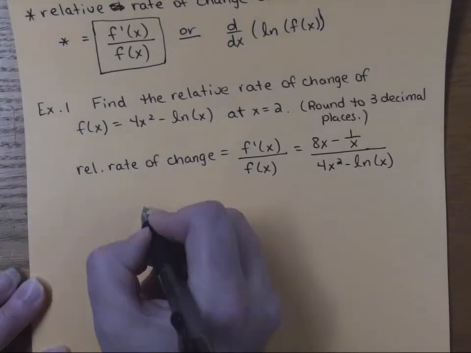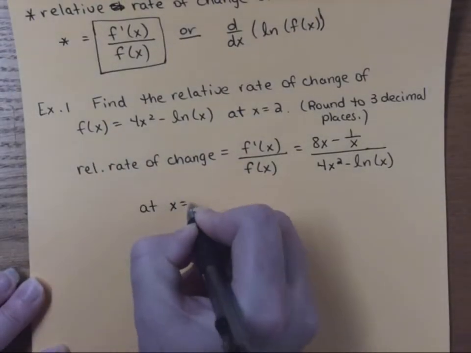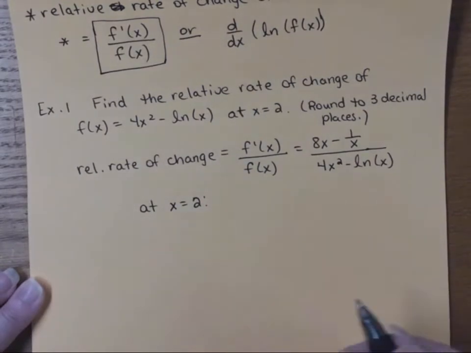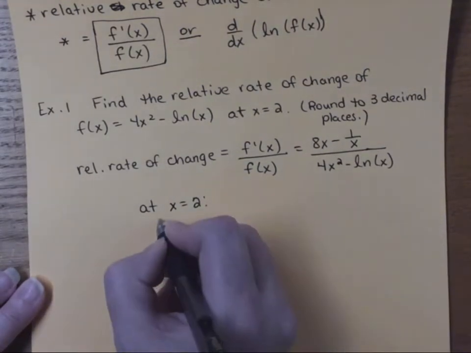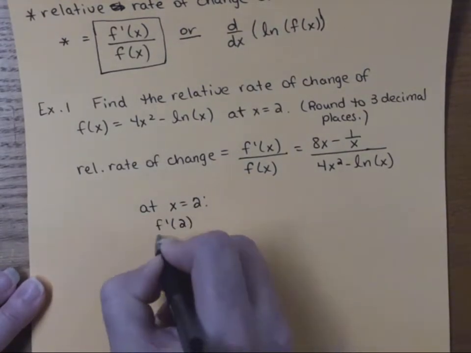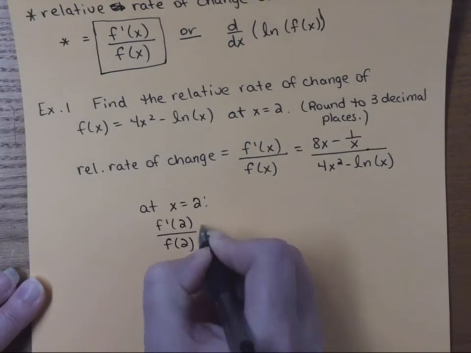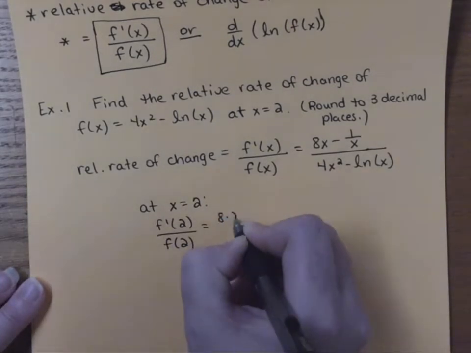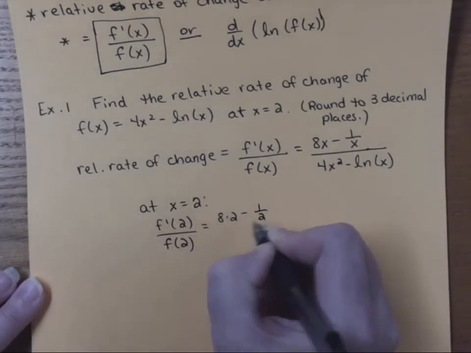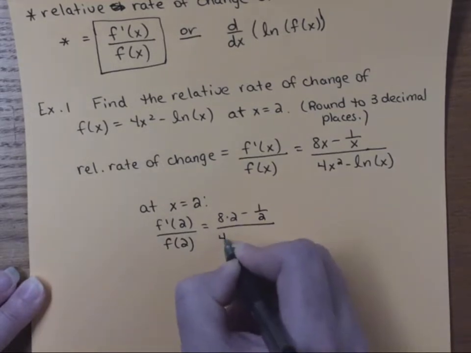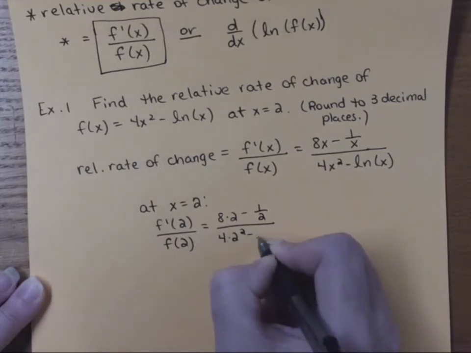But notice we're given a specific x to look at, so let's see what happens when we plug in 2. So we're going to do f prime of 2 over f of 2. So f prime of 2, we'll plug 2 into the derivative. f of 2, we'll plug 2 into the original.